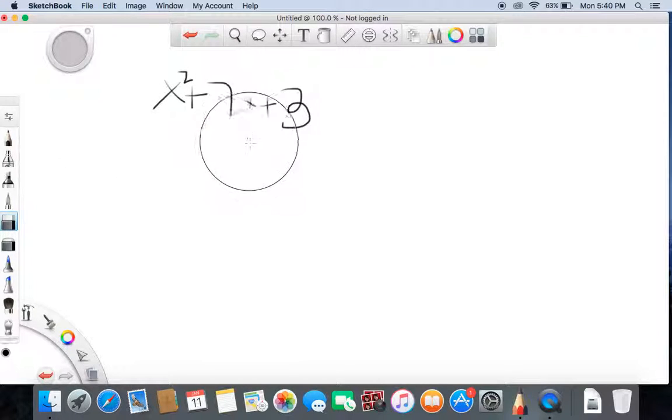I'm going to teach you the simple way that really helped me learn this. I'm going to take the coefficient of x squared, the number before it. It doesn't have one, but it's technically 1. You call the standard form of a quadratic ax squared plus bx plus c, where a and b are coefficients, and c is a constant, or number.